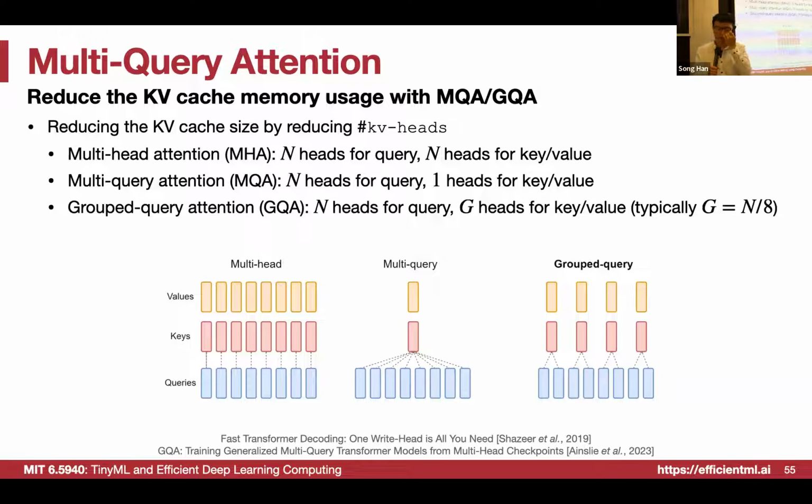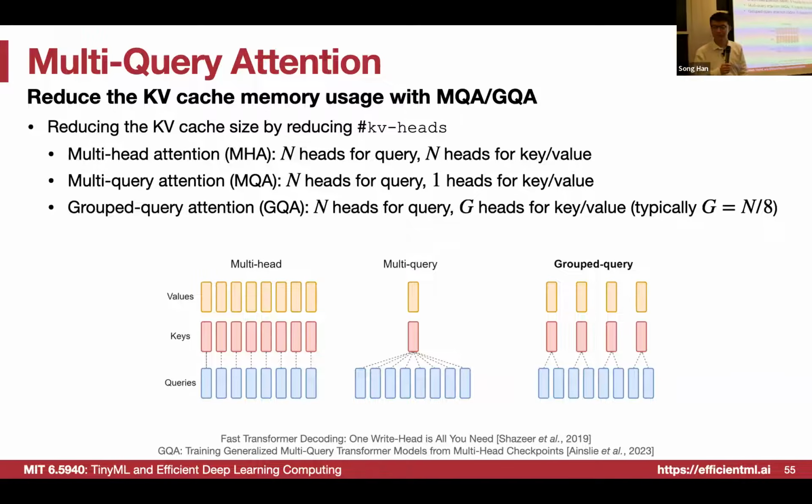Okay. So there are two cases. This is the original case. The other two cases are multi-query attention and grouped query attention. Multi-query attention is saying we can average all the values and keys into one value and also one key. In this way, we can reduce the number of KV heads to only 1.